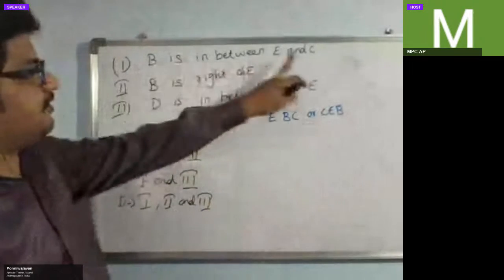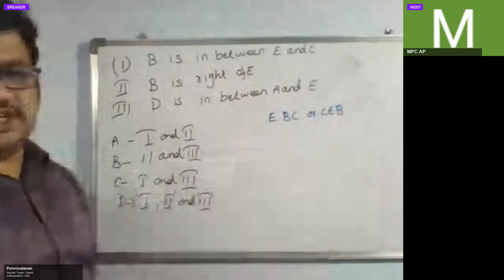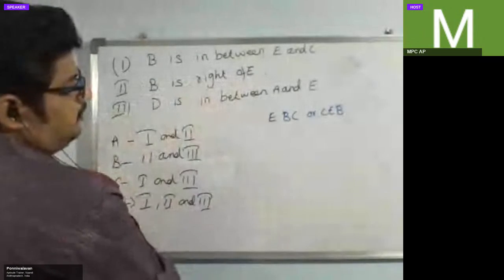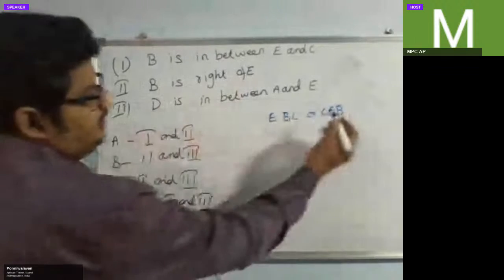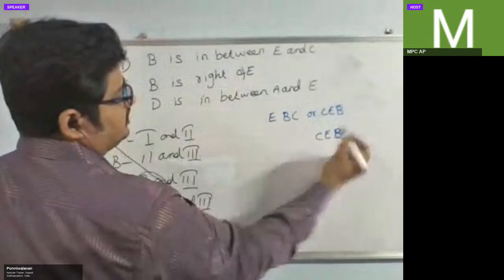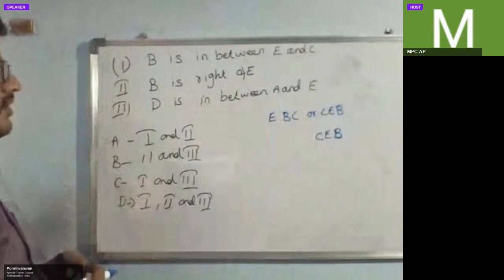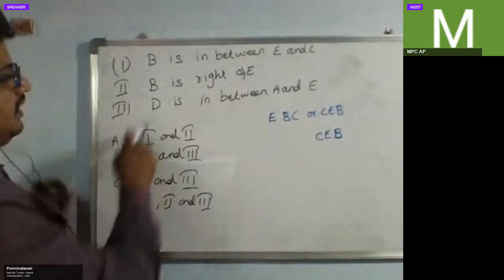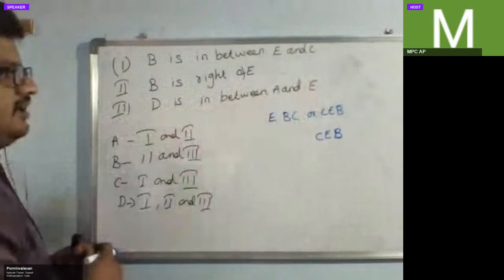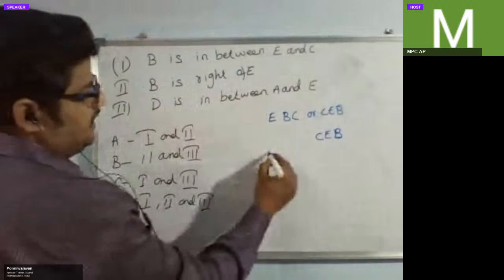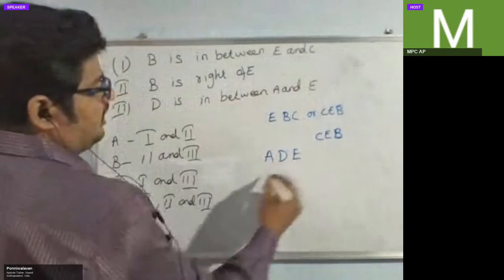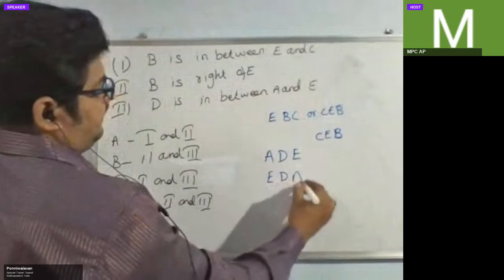Since B is right of E, we take EBC. D is in between A and E, so it may be A, D, E or E, D, A.